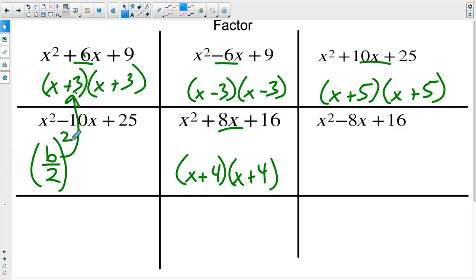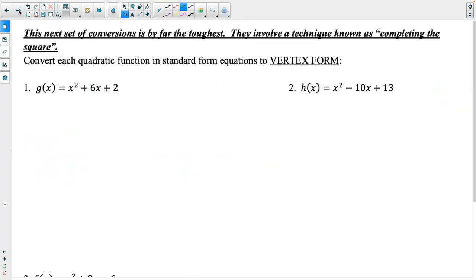Okay? Now we are going to use this little thing right here that is just a pattern on this next part of the problem. So here it is. We are going to convert each quadratic function in standard form equations to vertex form. This is how you do it. Your first step. You do this every time. I'm going to take g of x and I'm going to move c over.